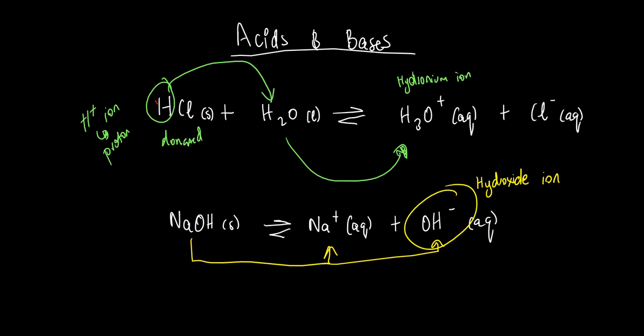To see that a base receives a proton, it's much better to see that through reaction with an acid. In those acid-base reactions, that's where it's easy to see that an acid donates H plus and then a base receives the H plus. But we'll do that when we do the reactions.